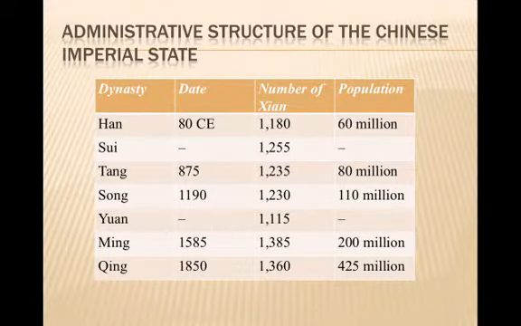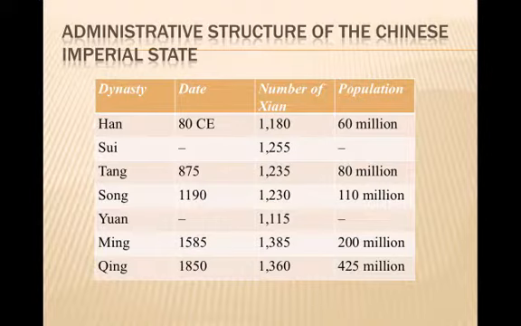Now, if you consider the fact that the population had quadrupled between the Song and the late Qing dynasties, the stability in the number of officials is even more remarkable. There were probably about 110 million people governed by the Song dynasty in 1100, and then in 1850 there were about 425 million.